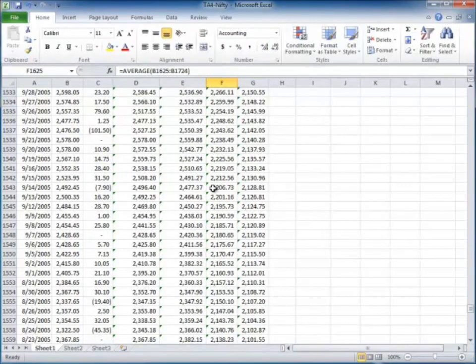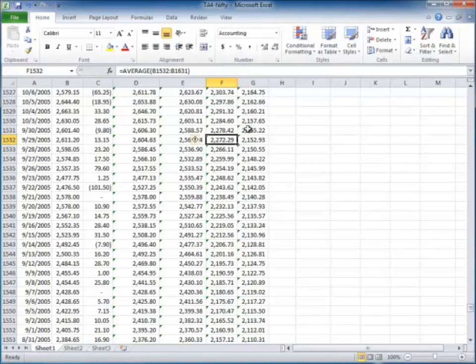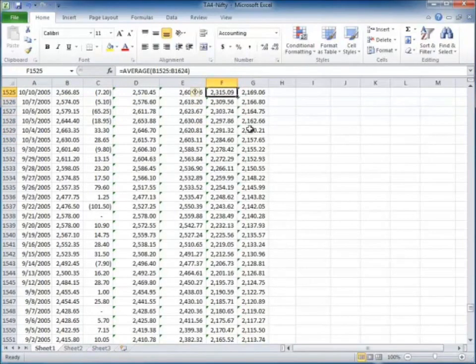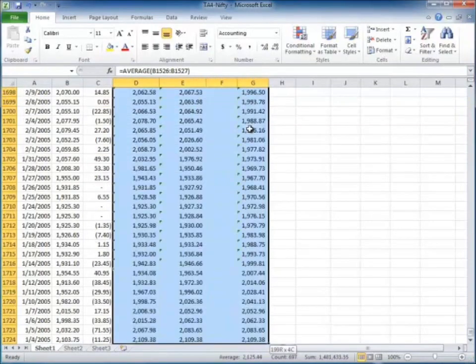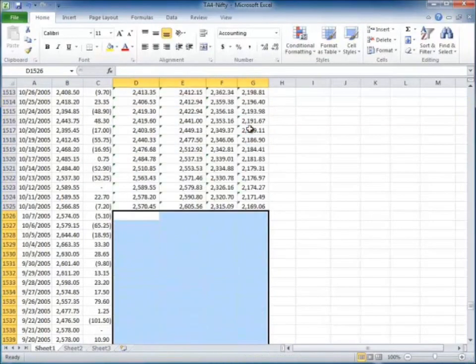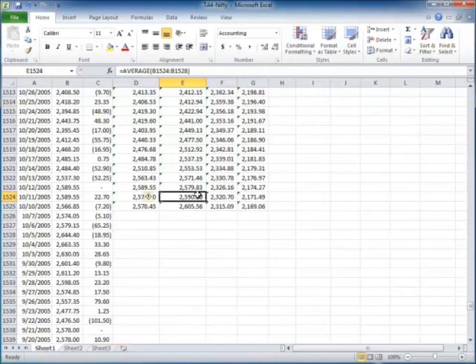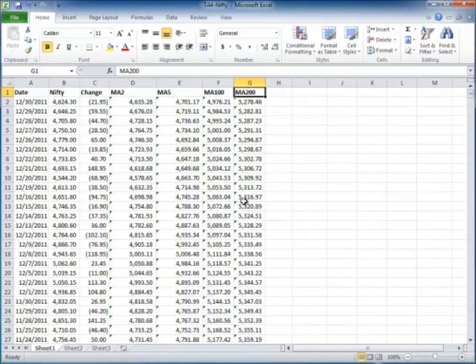Because we have 1725 data points, we don't want to have a 200-day moving average that's missing points. So this is our last one here. Now I'll delete all of the moving averages from this point below because we're not going to use them. Okay. So now our profit may be different from the first strategy because we now have 100 fewer data points.